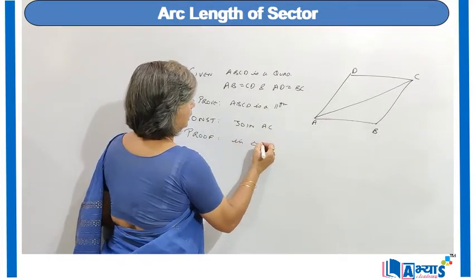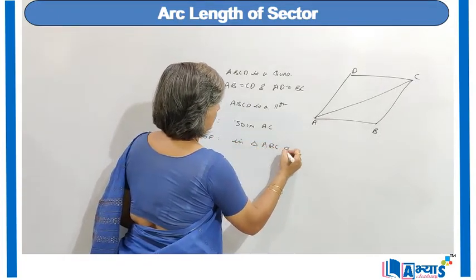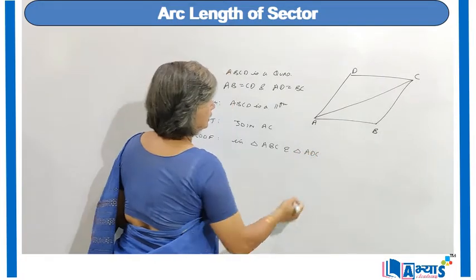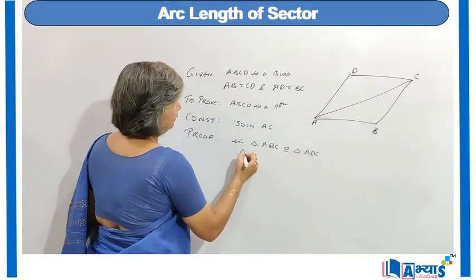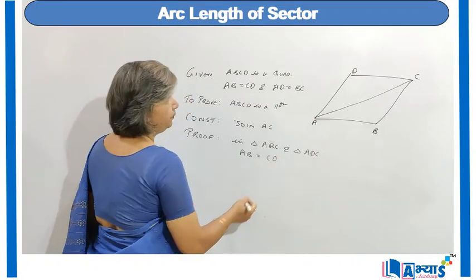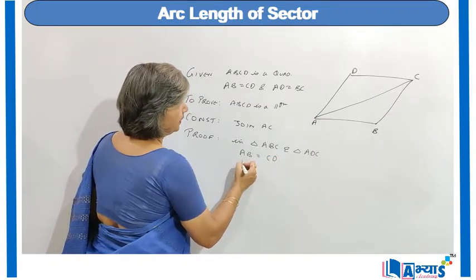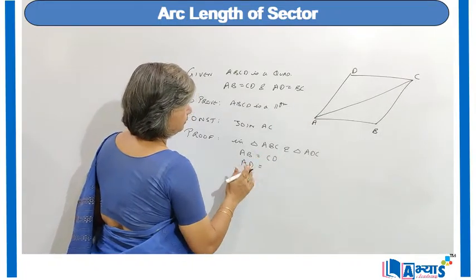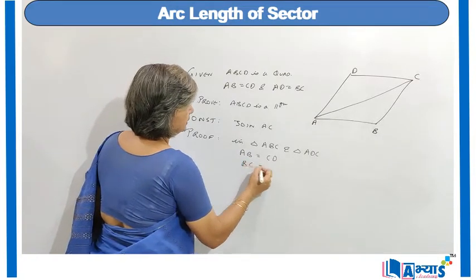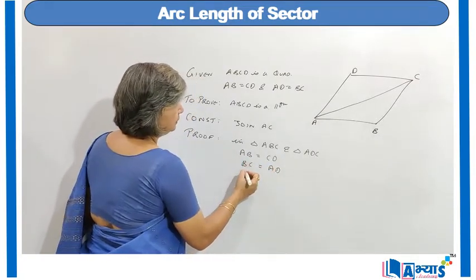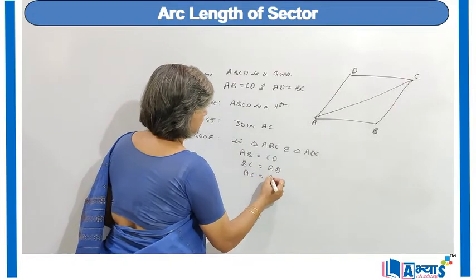in triangle ABC and triangle ADC, we are given that AB is equal to CD, and BC is equal to AD, and third, AC is equal to AC.